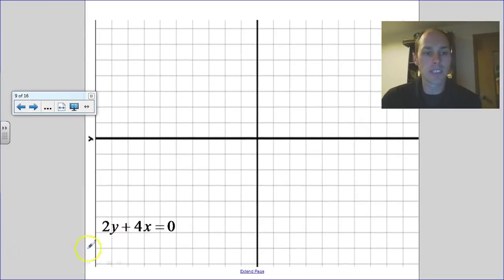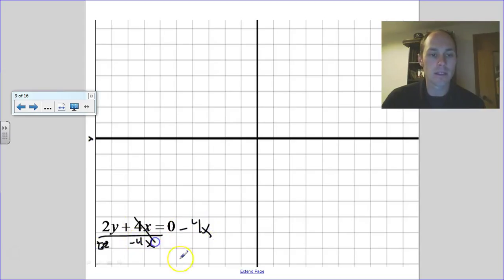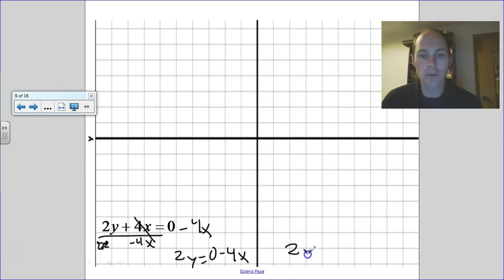All right, this one's in standard form. If I want to get it in slope-intercept form, I would subtract the 2y. No, I want to get y by itself. Subtract 4x. Leaves me with 2y equals 0 minus 4x. And 0 minus 4x is -4x, so I've got 2y equals -4x.